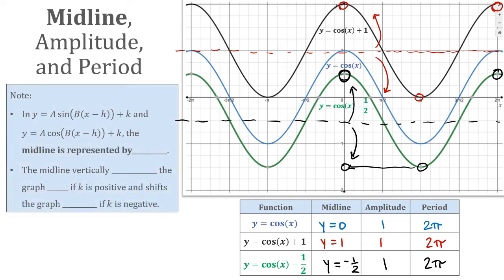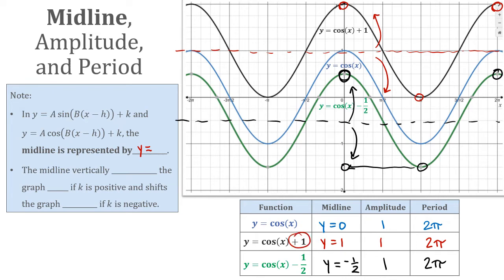So in the original form of the sine and cosine function, which was y equals a times the sine or cosine of the quantity b times the quantity x minus h, all plus k, we could say that the midline is represented by the line y equals, do you see what it was? When the midline was y equals 1, we had a plus 1 on the end.